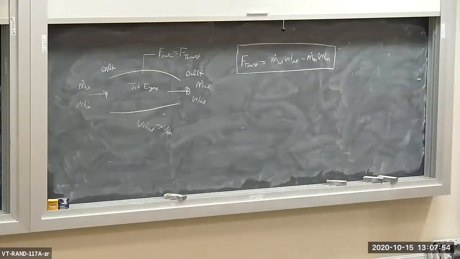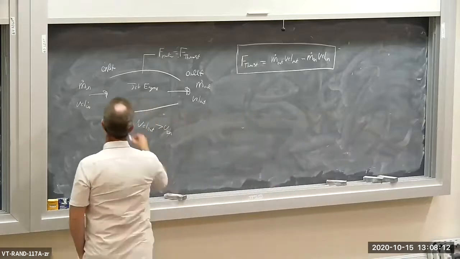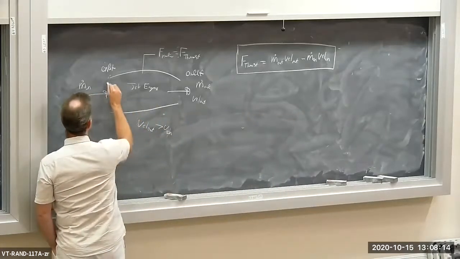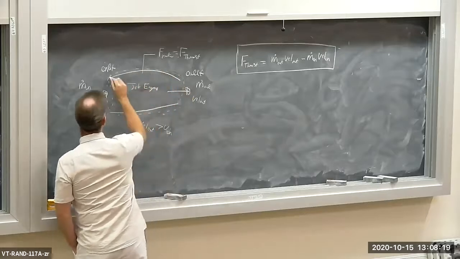Now you can get this equation, if you're interested, by applying the Reynolds transport theorem to momentum. We've applied the Reynolds transport theorem to entropy, mass, and energy, total energy. This is an open system. We have mass flows here. So our system is the entire jet engine here.